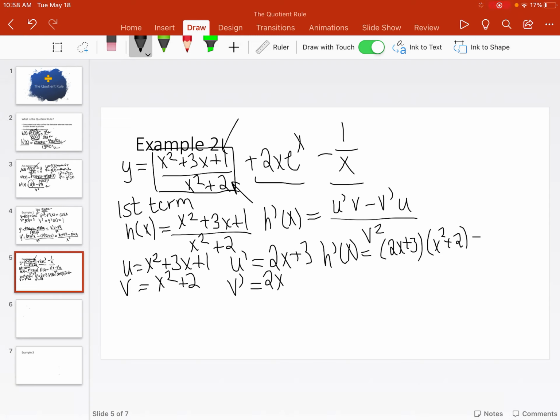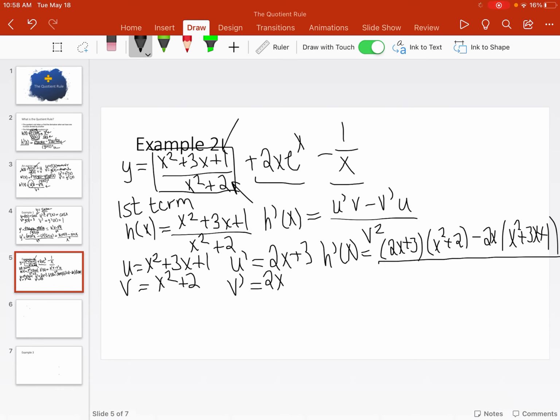Now we minus, and now we have v prime. Well, v prime is just 2x. And what is u? Well, u is just x squared plus 3x plus 1.